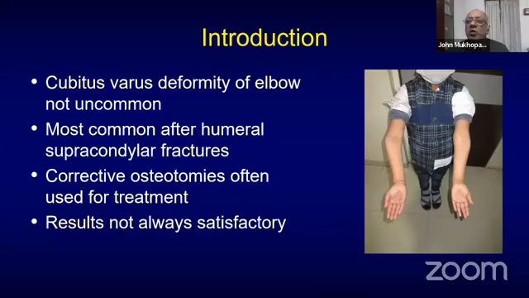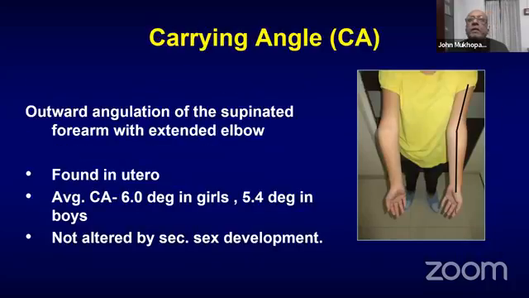Unfortunately, the results are not always satisfactory, and in spite of surgery, we very often see patients who have a deformity that has recurred or has not been adequately corrected, or however, the patients are very often not satisfied with what has been achieved.